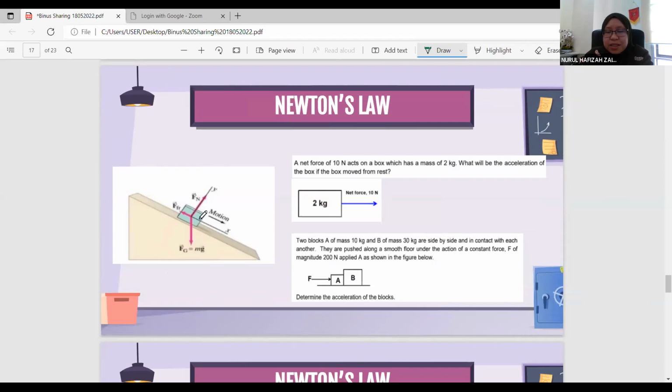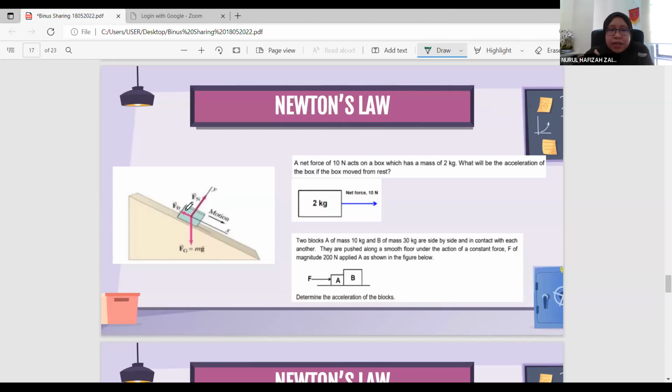The box has a weight, and the weight always points down. And because of Newton's third law, every action must have a reaction, equal and opposite. The force must be perpendicular to the surface.